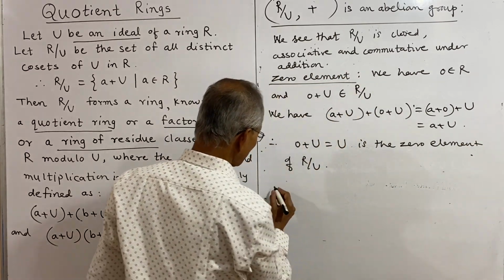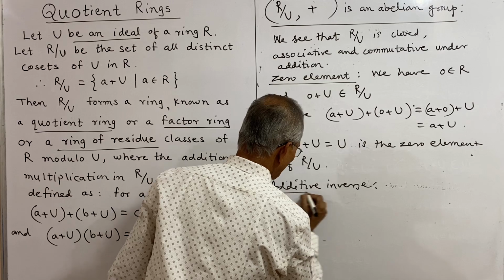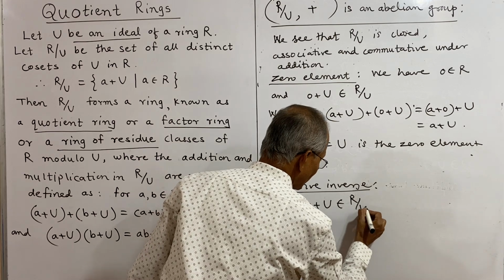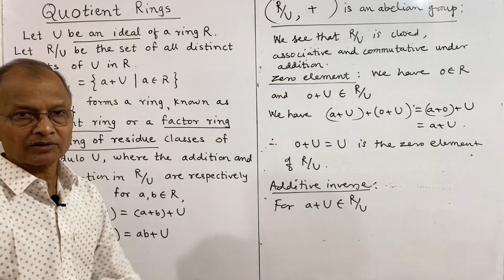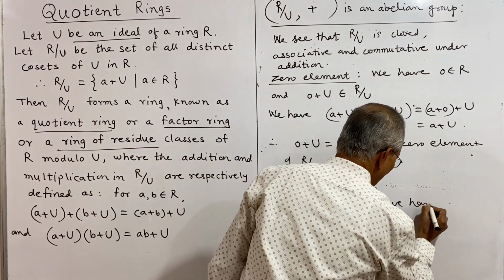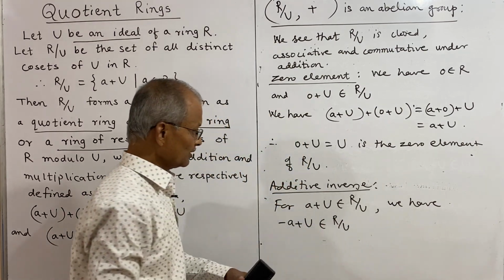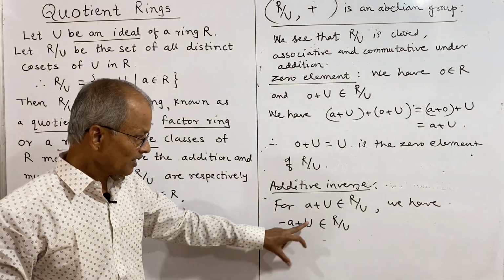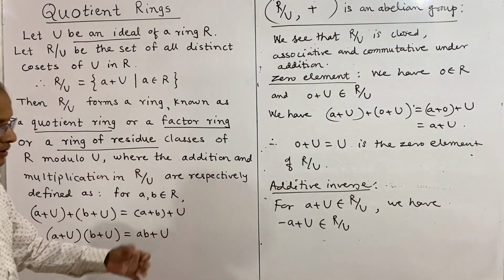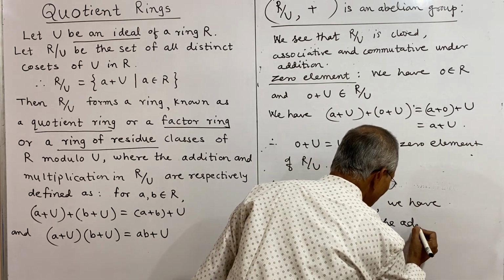Now additive inverse. For A plus U belonging to R by U, we have A belongs to R and we have also negative A belongs to R. See, we have negative A plus U belongs to R by U, and these are additive inverses of each other because their sum will be 0 plus U by definition of addition, and therefore this is the inverse with respect to addition.